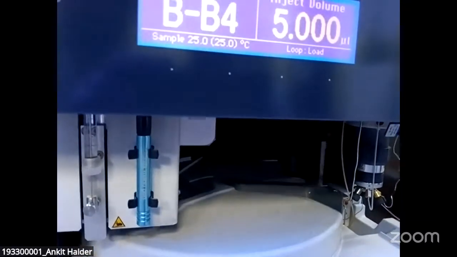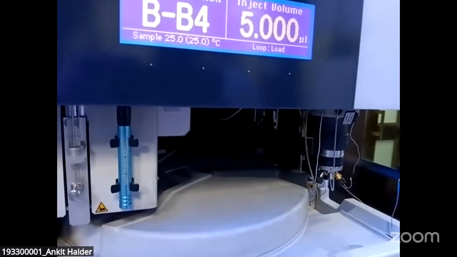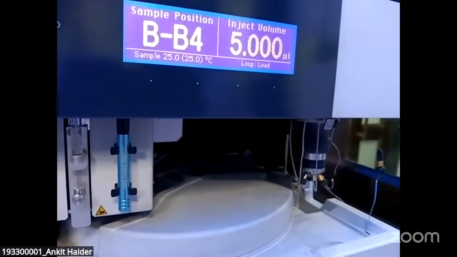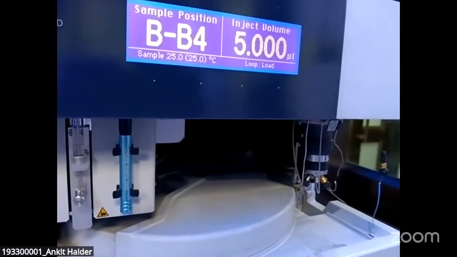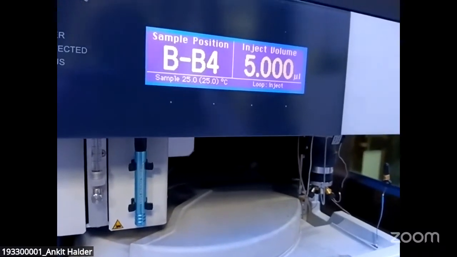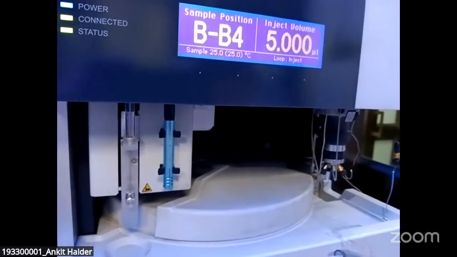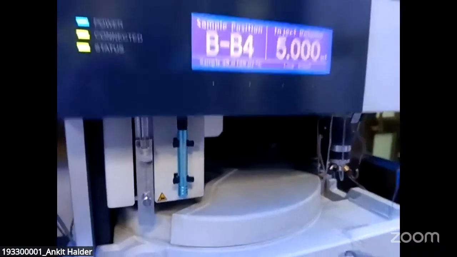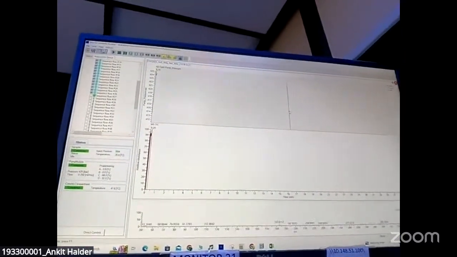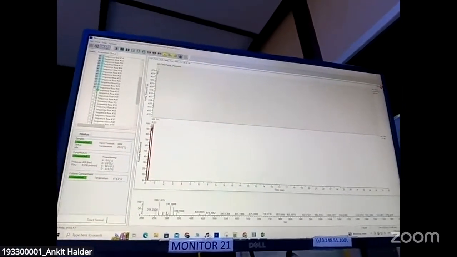You can give the position in the computer system and it will take it. Now it is getting fixed and will go into the analytical column where it will bind. And now you can see on the screen that it has started eluting and analyzing.